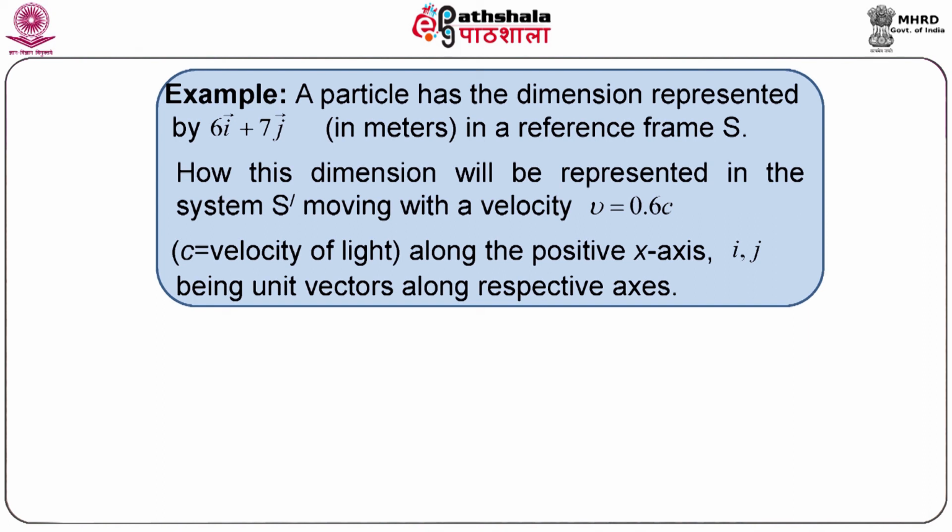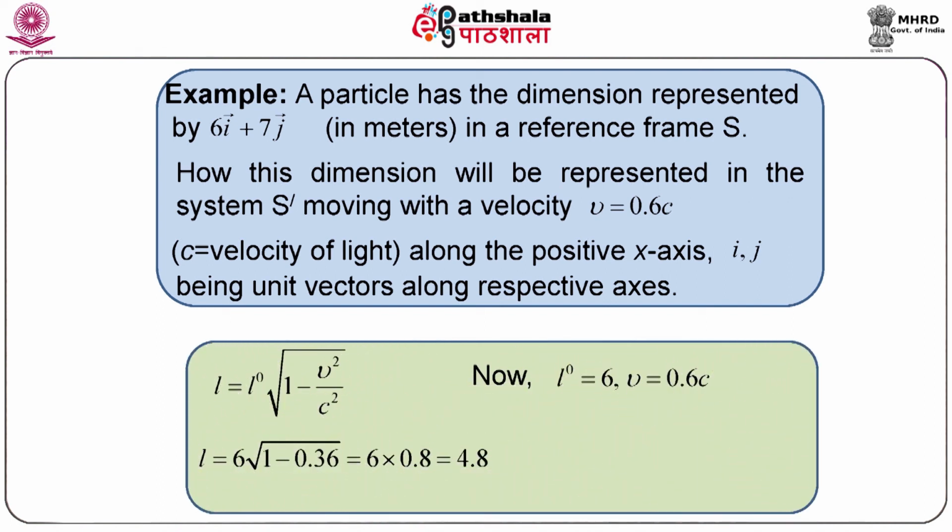These are measured in meters in a reference frame S. How will this dimension be represented in the system S dash moving with a velocity v equal to 0.6 into c, where c is the velocity of light, along the positive x axis. I and j are the unit vectors along respective axes.